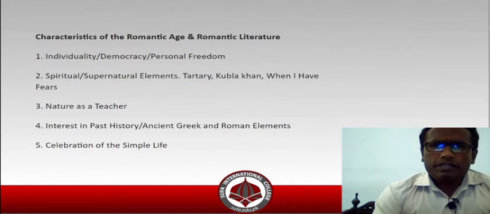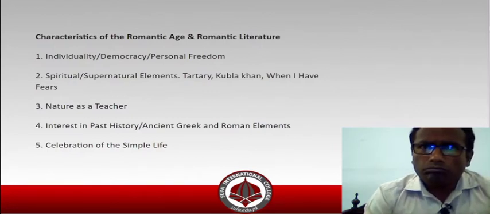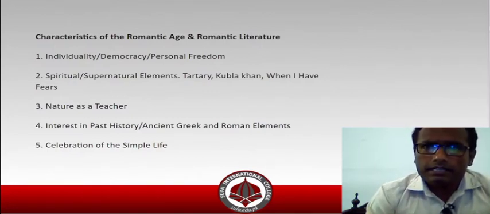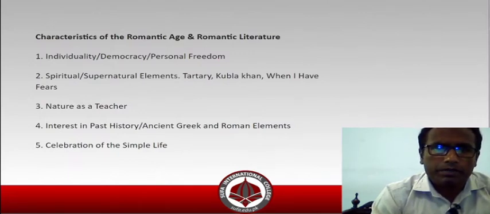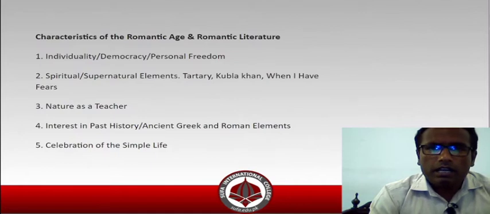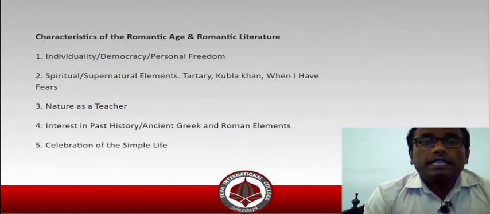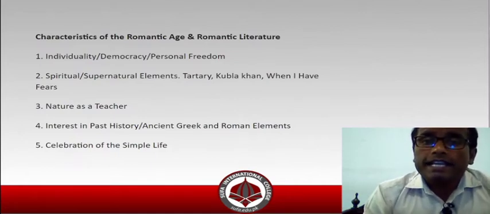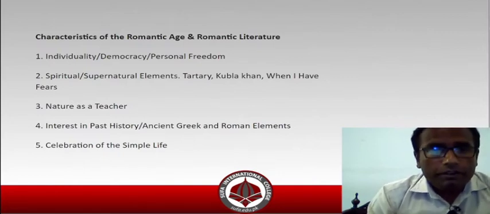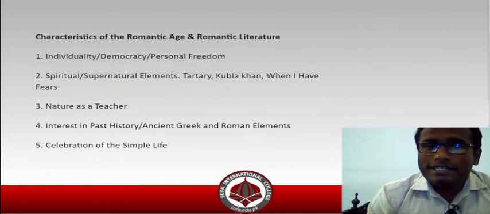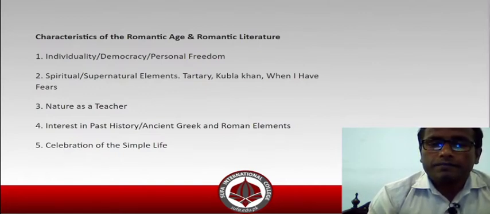Now, after discussing Romanticism and a little of its background, that is why Romanticism came into being, we are going to discuss the characteristics of the Romantic age and Romantic literature. The first important characteristic of the Romantic age is individuality.